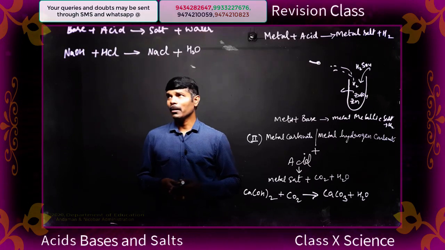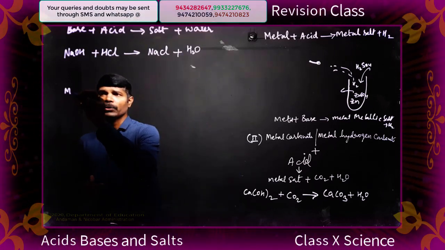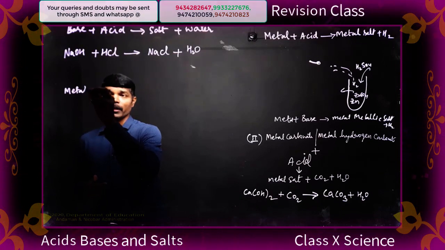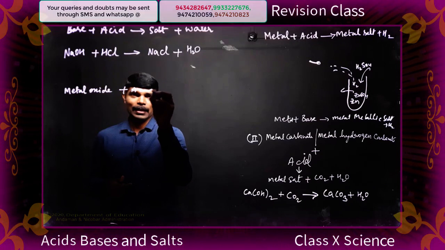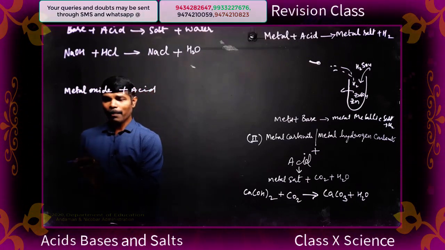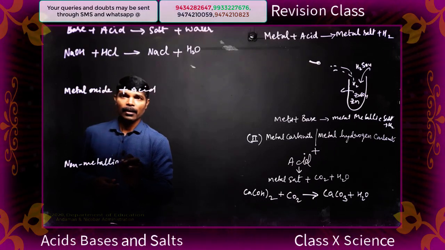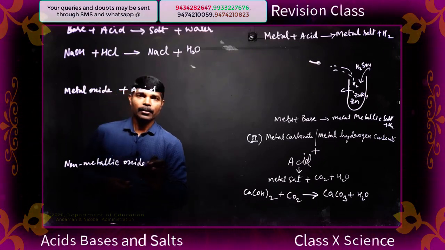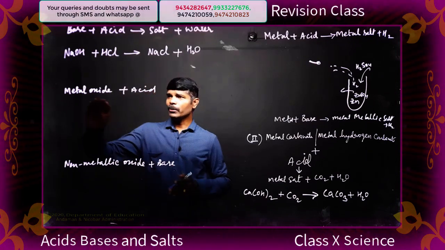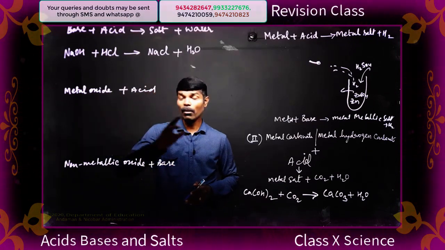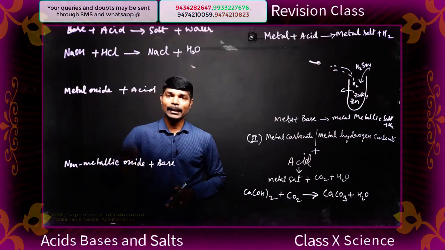Likewise, we have to see similar chemical reactions: what happens when metal oxide reacts with acid, and what happens when non-metallic oxide reacts with base. Metallic oxide always reacts with acid, not with base, because metal oxide is basic in nature.